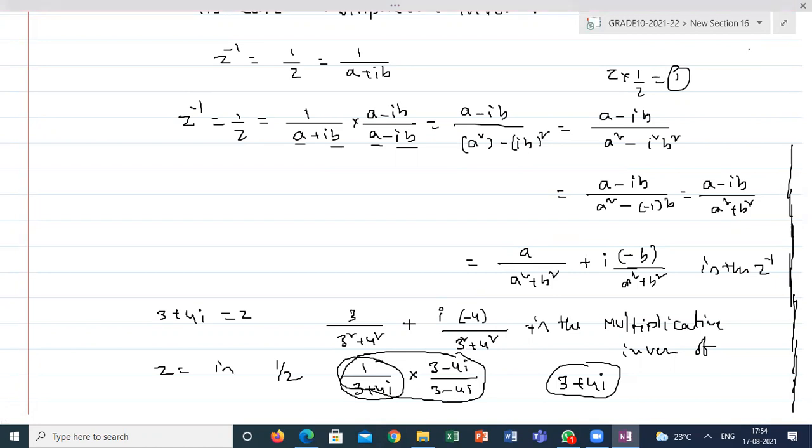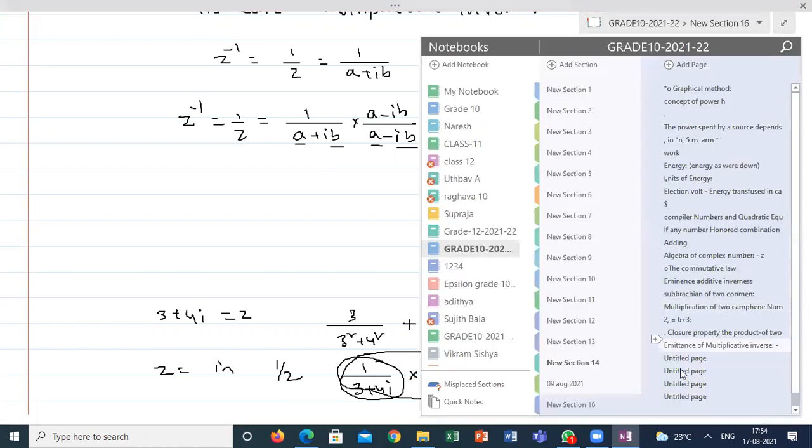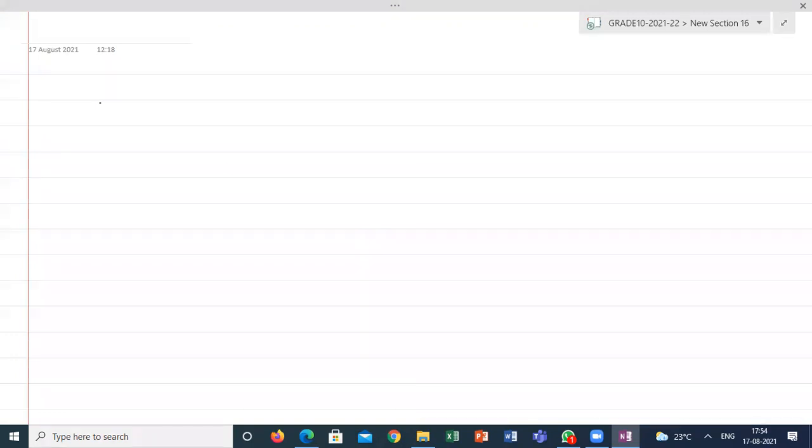Distributive law. It's a combination of both the product and addition. Distributive law holds good for complex numbers, over multiplication and addition.